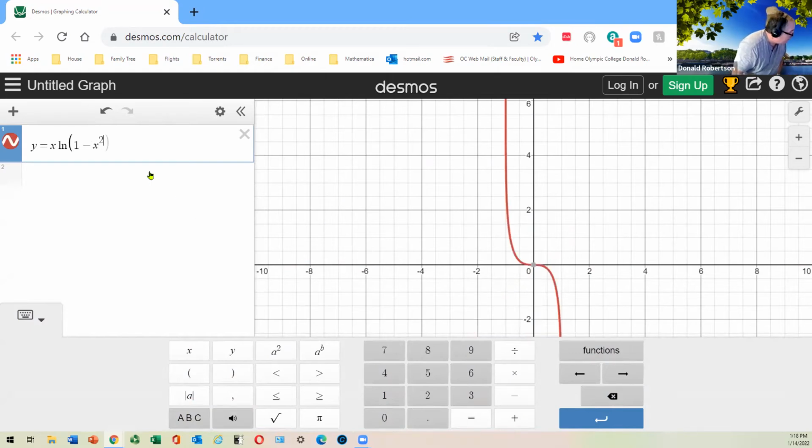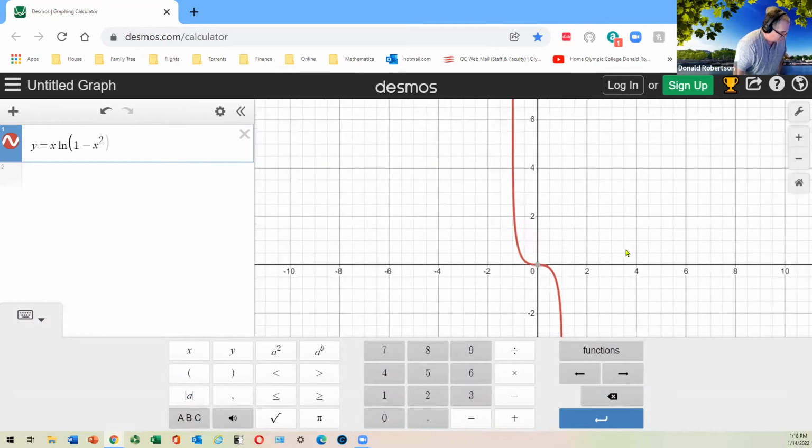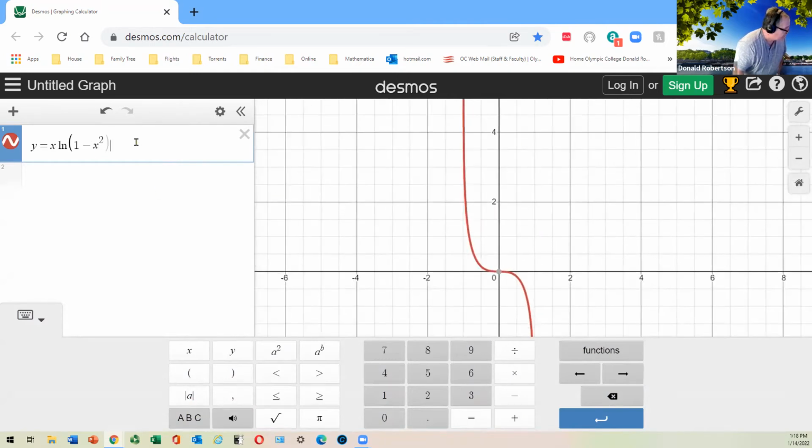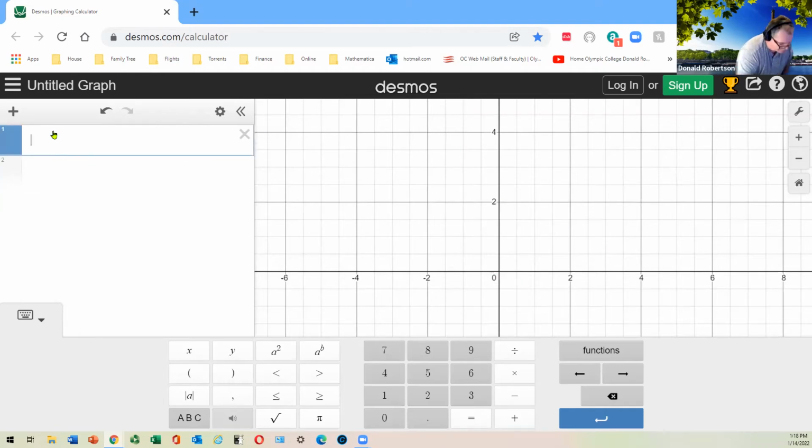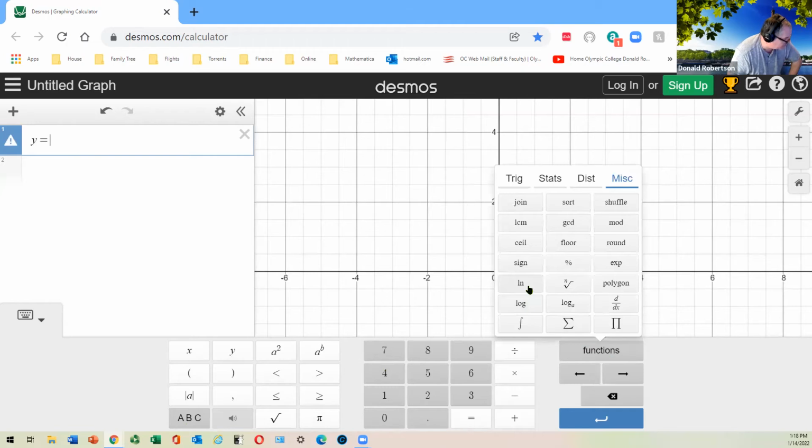Right, we got this guy. That's 1 minus x squared. Whoa, that's not 1 minus x squared. Let me kill that entirely. Right. Desmos has a bad habit of sometimes remembering things from a previous question.